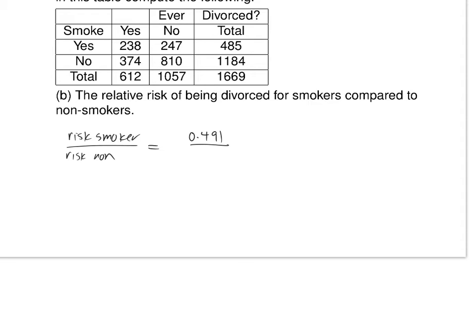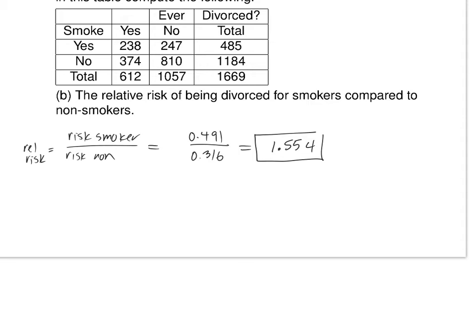The non-smoker was, yep, so I got 1.554. So you say your risk of divorce is 1.554 times higher if you're a smoker versus non-smoker. That's where that kind of thing comes up.